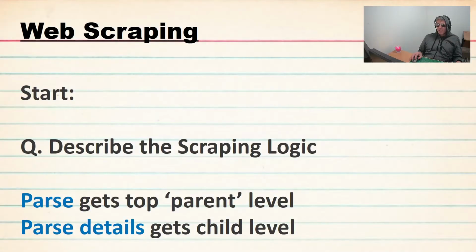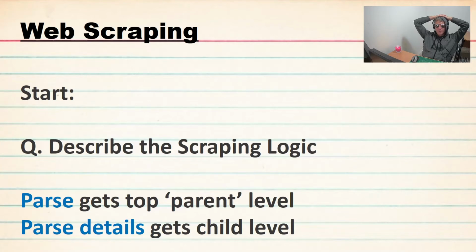Okay, so I thought I'd describe the process of how to scrape a website using a spider. As always, you'll start with your start requests, and then you go to your first method, which is called parse.